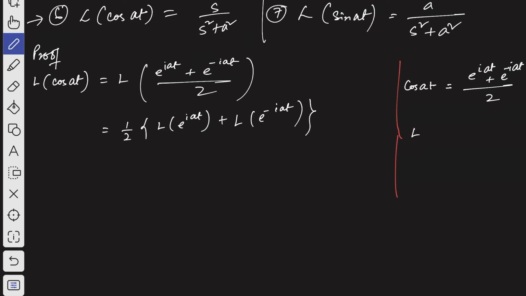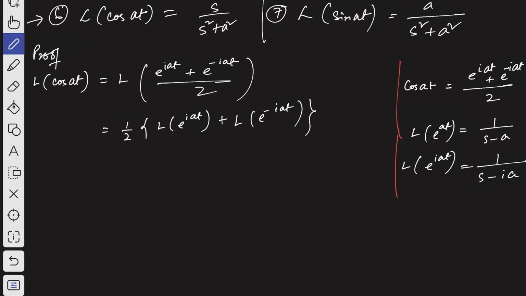So we know that the Laplace transformation of e to the power at is nothing but 1 by s minus a, right? So the Laplace transformation of e to the power iat will be 1 by s minus ia.